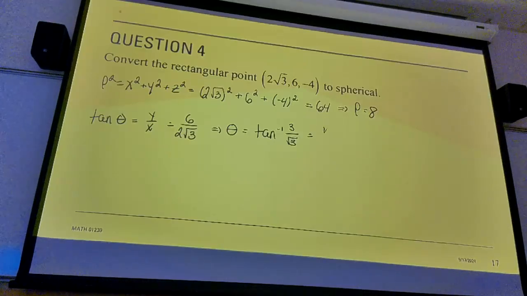Now for phi. What's that relation? Inverse cosine of z over rho. That's right.